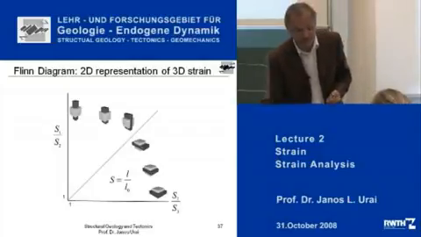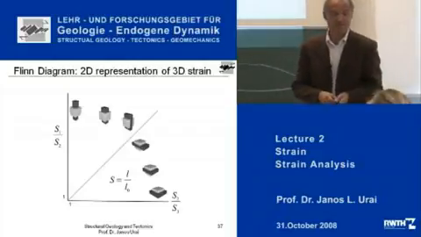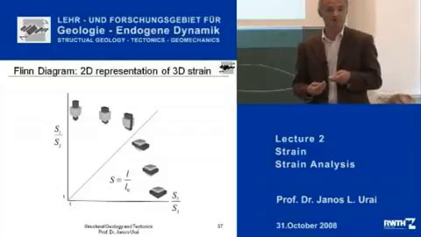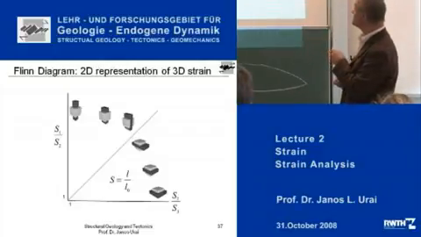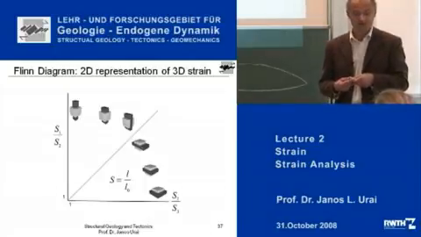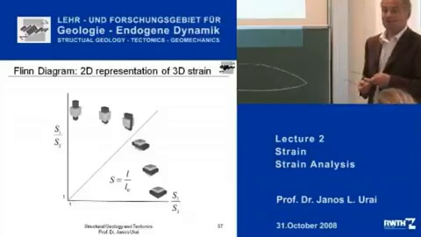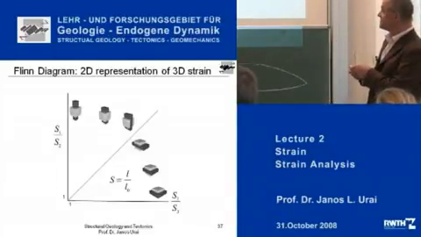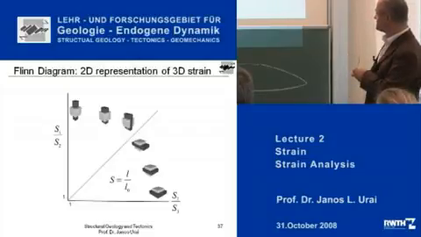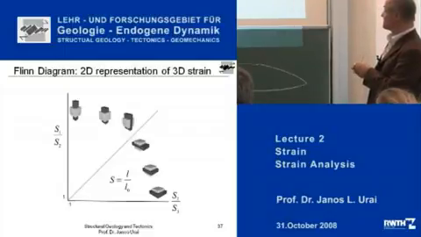And if we have that strain ellipsoid, then we can represent it in a 2-dimensional space, and this is the famous Flinn diagram that I'm showing you here. It is a 2-dimensional representation of 3-dimensional strain. And what they have done is they have taken the ratio between the longest axis of the ellipsoid and the middle axis, and here it is the ratio between the middle axis and the shortest axis of the ellipsoid.